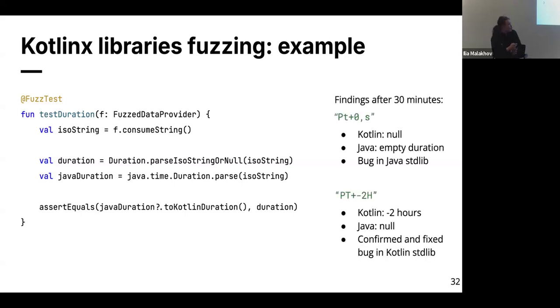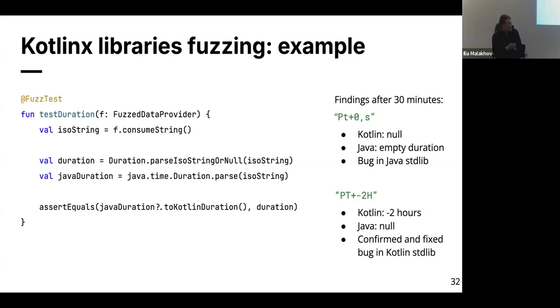However, when we spend 30 minutes fuzzing these tests, we find 2 things. First, with this string, Kotlin fails to parse it. However, Java successfully parses it as an empty duration. And this is actually a bug in the Java standard library.